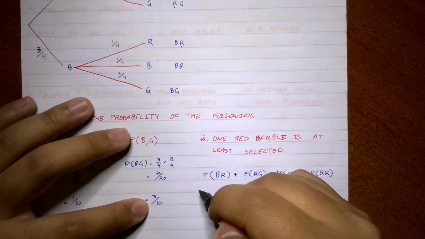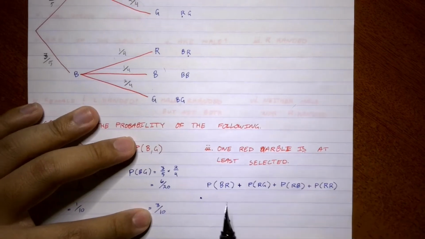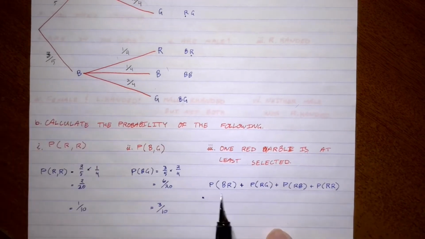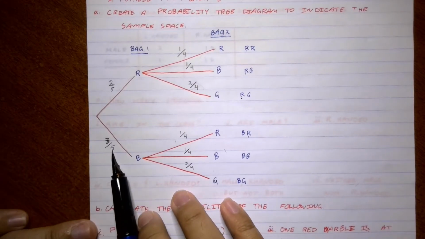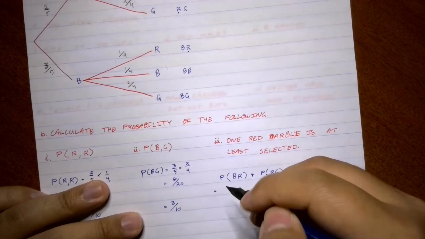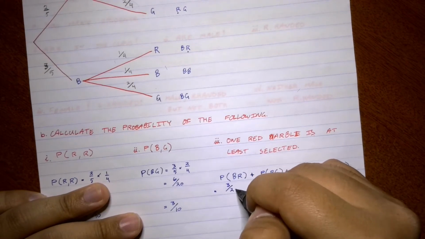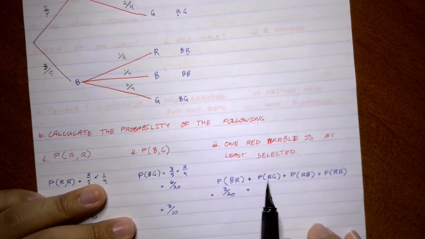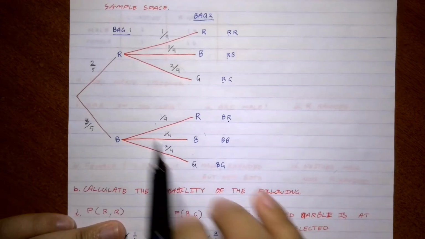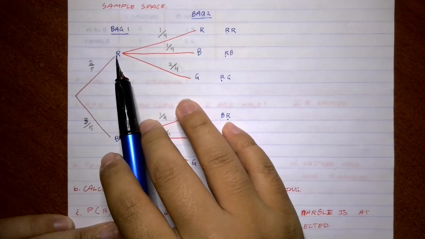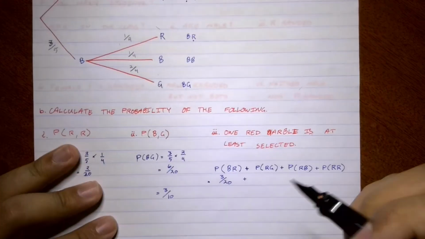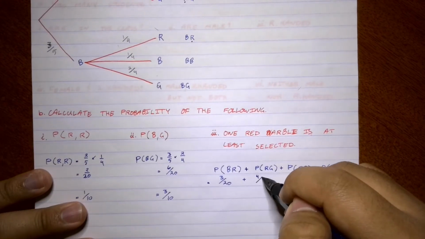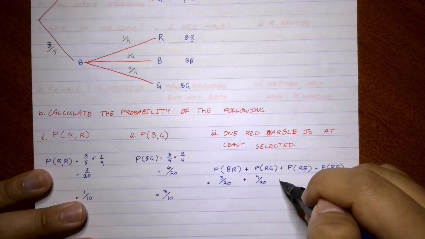Now I'm going to go through this very quickly, and I'm not going to show you my working out here. Blue-red, that's 3 in 5 times 1 in 4, which is 3 in 20. Red-green, that's 2 in 5 times 2 in 4, which is 4 in 20.